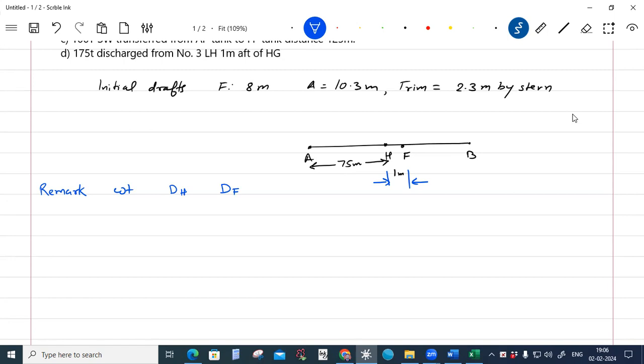And then we can write further what is the trimming moment. This is in ton, this is in meter, and that will be in ton meter.